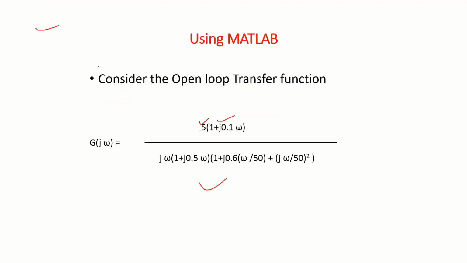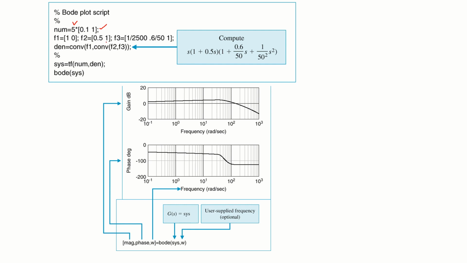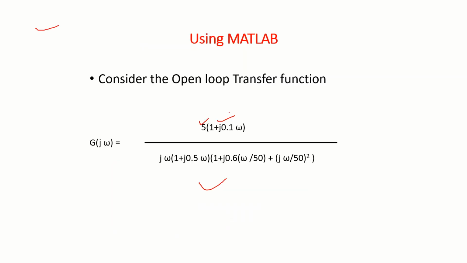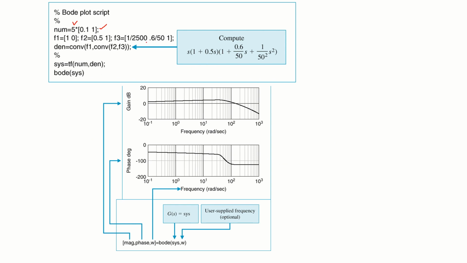Then 0.5, 1. Then these coefficients, 1, 20, 50 for the quadratic, so 0.6 by 50. S squared, s coefficient like this. So that is F3.